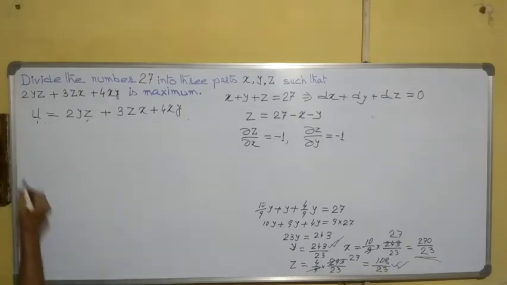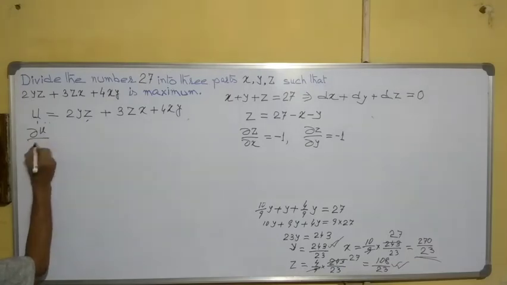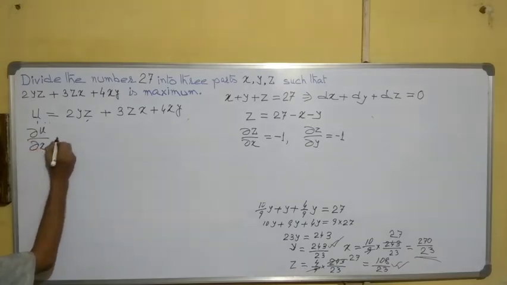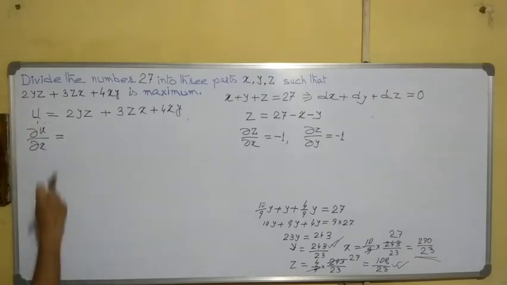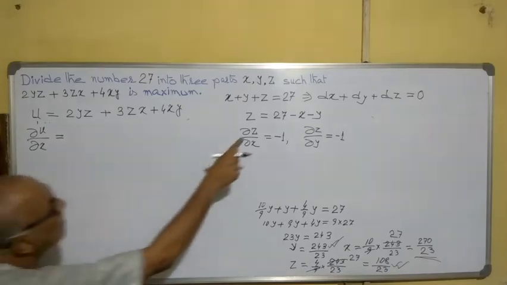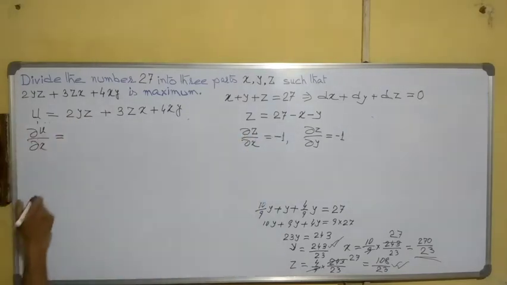See here, what we can write, del u del x. Del u del x equals to, remember here while doing partial differentiation, z is depending upon x and y, so we cannot consider z as constant.